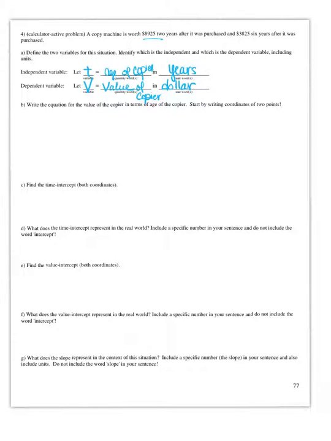To start to write this equation, we need to write down our 2 points. They're going to be t comma v. So at 2, we have 8,925, and at 6, 3,825. Once we have 2 points, we can go through the process of finding the slope and then using the slope and one of our points to find our intercept.